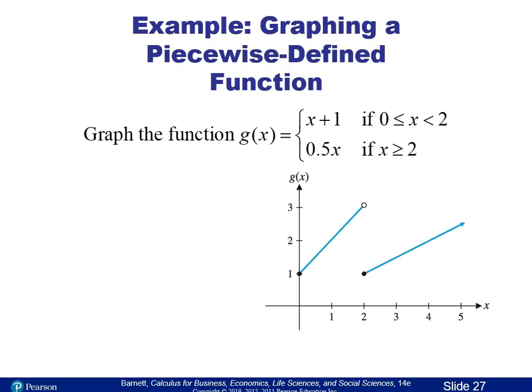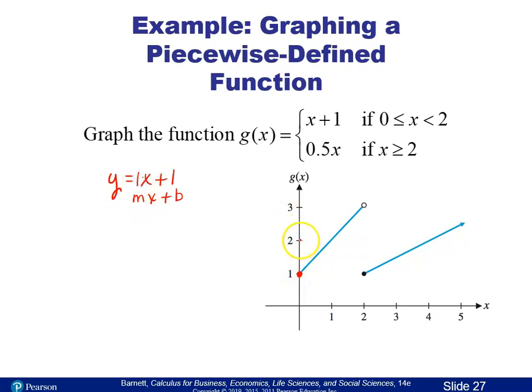Okay, if we look at this one here, I just wanted to see the graph of it a little bit. So we've got two pieces. Think of one piece as y equals x plus 1, okay? So if you remember with graphing lines, that means you have a y-intercept of 1. So we're here at the y-axis at 1, and we have a slope in this case also of 1.